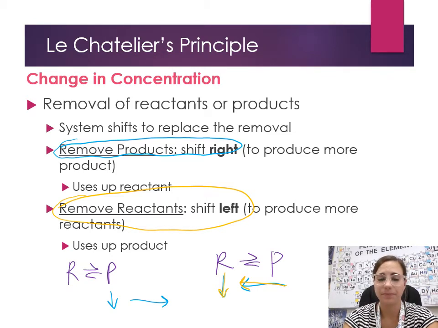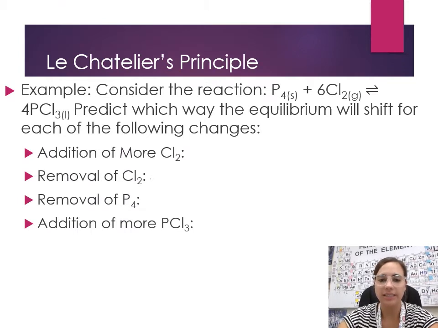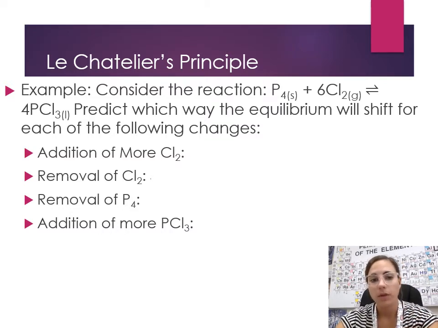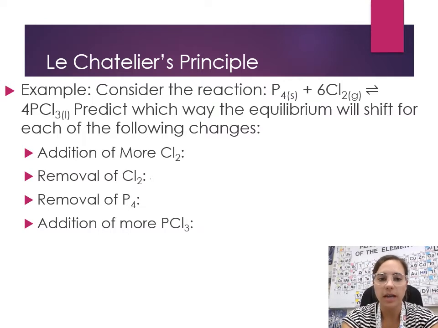Easy enough. So let's look at these examples. We have this reaction: P4 plus 6 Cl2 makes 4 PCl3. Predict which way the equilibrium will shift for each of the following changes. Basically, you need to determine: is it a reactant or a product, and are we adding or taking it away? So Cl2 is a reactant.